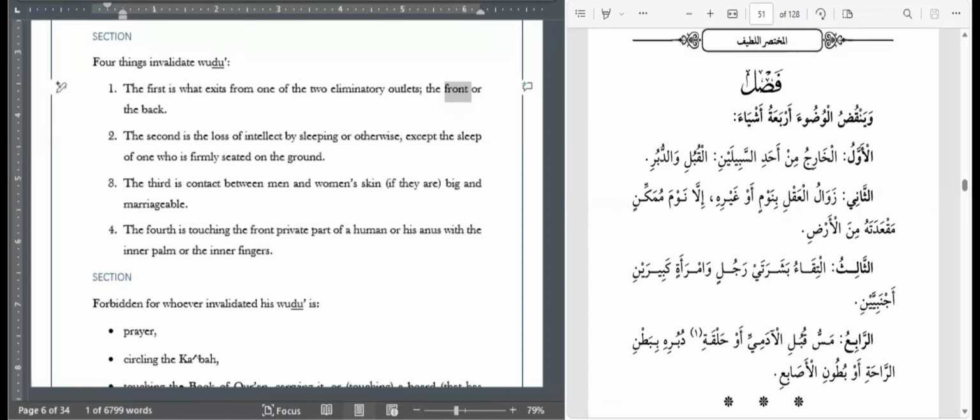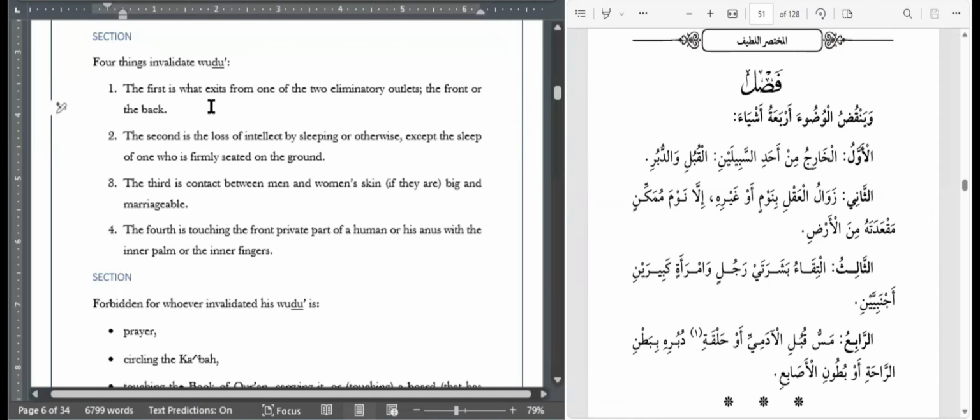Why is it not there? Maybe the author was summarizing. He wanted to keep his book easy. What's the name of this summary? Al-Mukhtasar Al-Lateef, the light summary, meaning the easy one. But even though he wants to keep it easy, you want to be mindful not to summarize too much and leave out important information.